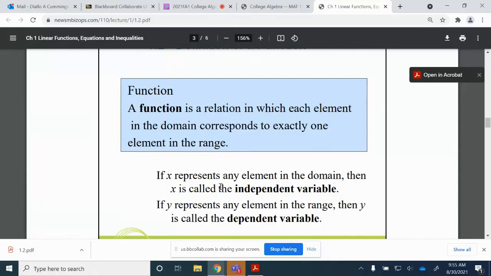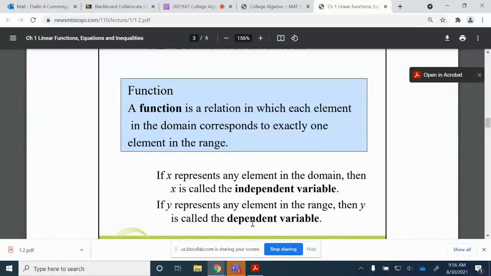Then it says if X represents any element in the domain, then X is called the independent variable. If Y represents any element in the range, then Y is your dependent variable. Now independent and dependent, these are just what they represent. But as far as the domain and the range and determining if it's a function, it doesn't matter if you're dealing with an independent or a dependent variable.